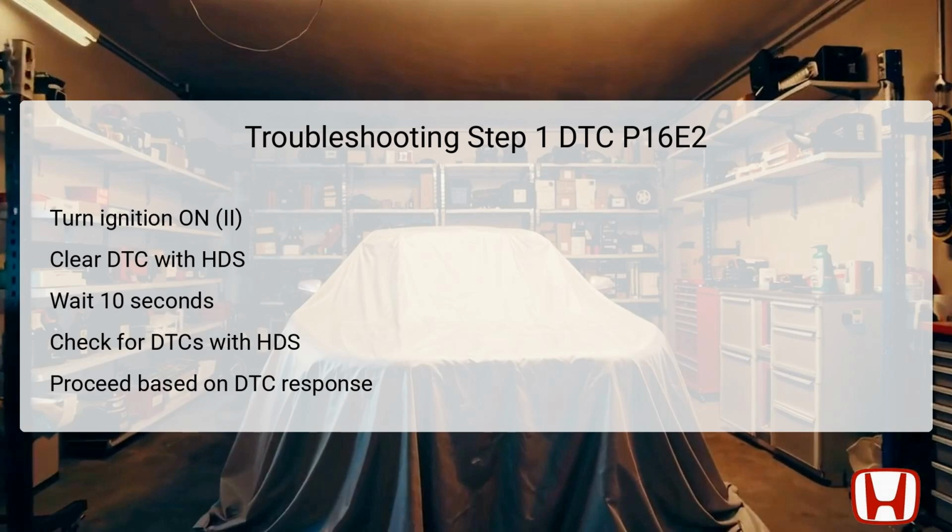After clearing, ensure to wait approximately 10 seconds, allowing the systems to reset properly. Once this period is over, check to see if the DTC P16E2 is still indicated within the HDS. If it appears again, progress to the next step in the troubleshooting guide.